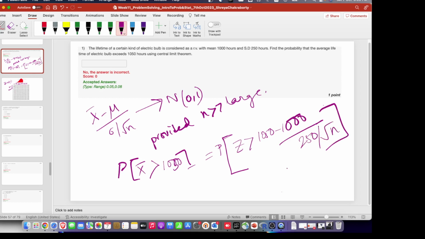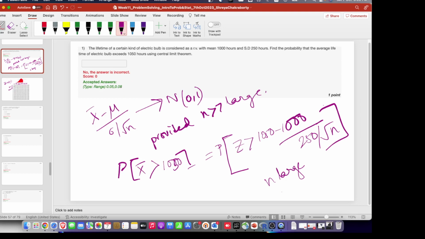Now provided n is very large, in this problem n is not specified, so we could do these calculations taking n very large, 1000, 10,000 as we wish, but I don't think the answer will match in that sense.